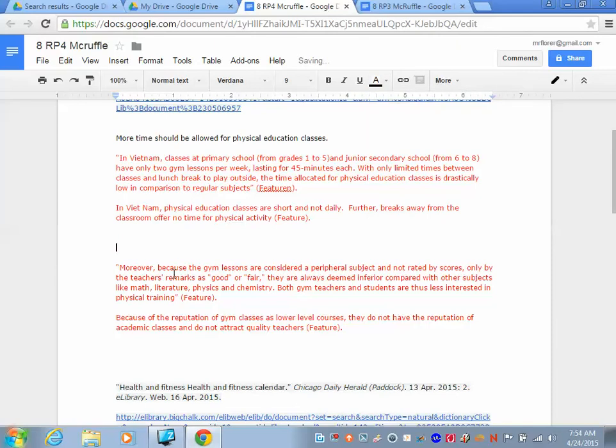So here it says, moreover, because gym lessons are considered a peripheral subject and not rated by scores, only by the teacher's remarks as good or fair, they are always deemed inferior compared with other subjects like math, literature, physics, and chemistry. Both gym teachers and students are less interested in physical training.